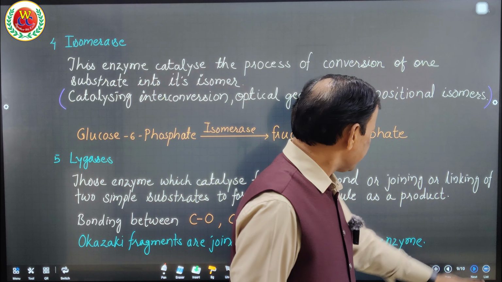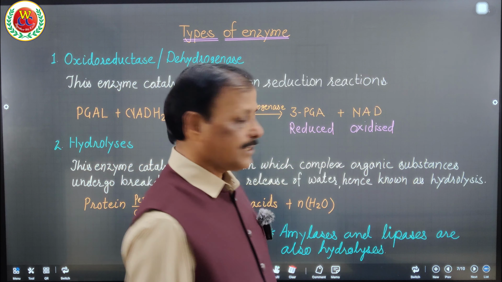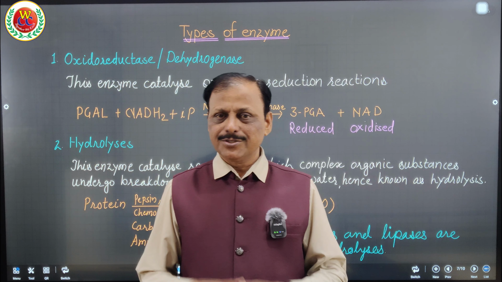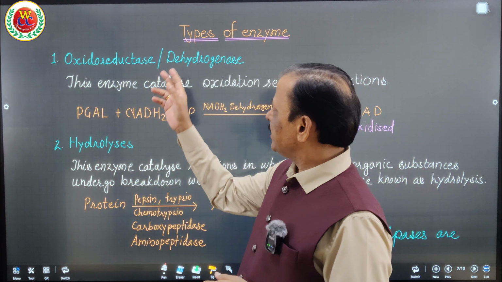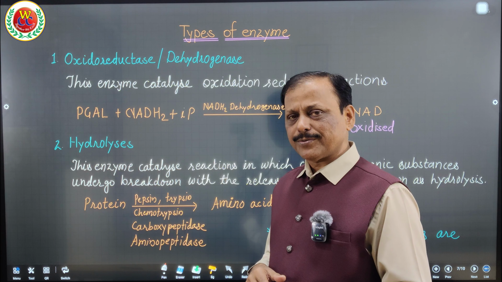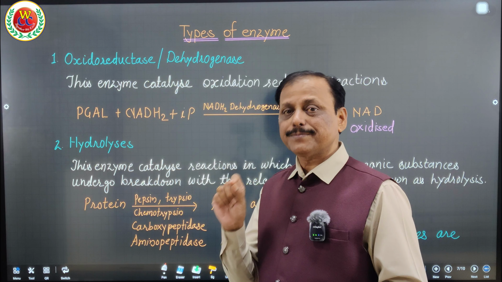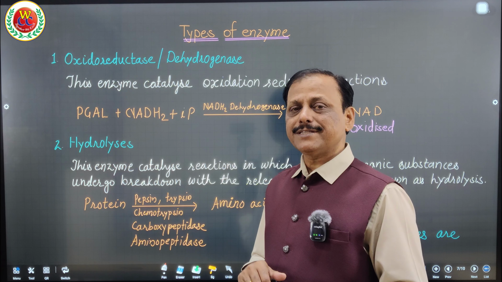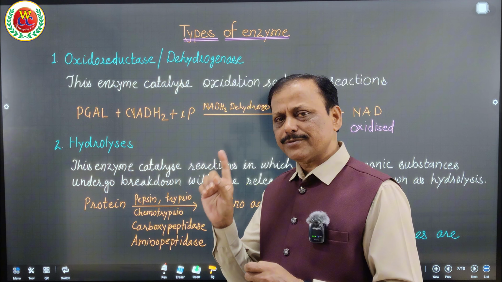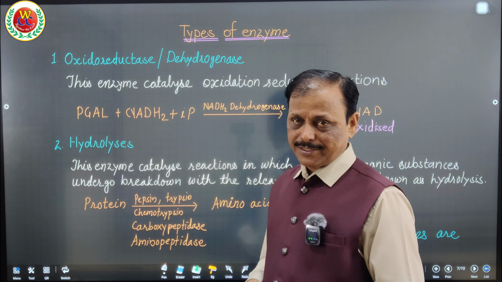So it's very important to note all these enzymes which catalyze all the biochemical reactions which occur in the living world. So this is a group. Under that heading there are hundreds of enzymes that work to carry out different kinds of oxidation and reduction reactions. As I told you, enzymes are specific in their action. It means that as many types of reactions are there, that many specific enzymes are there to catalyze those processes.